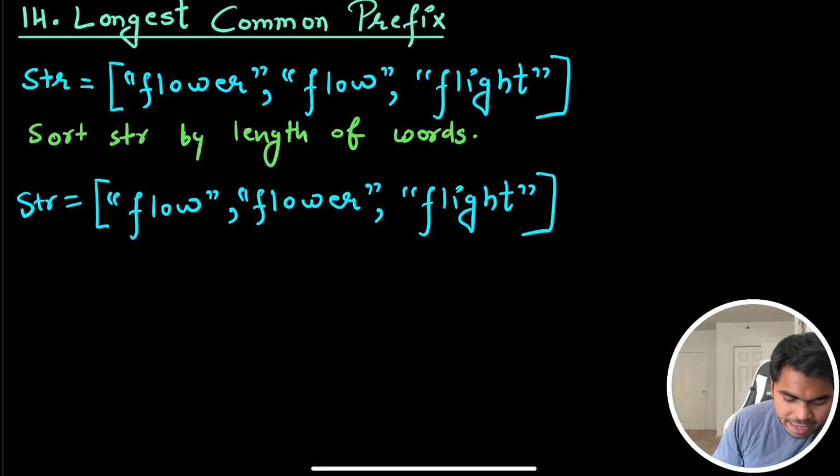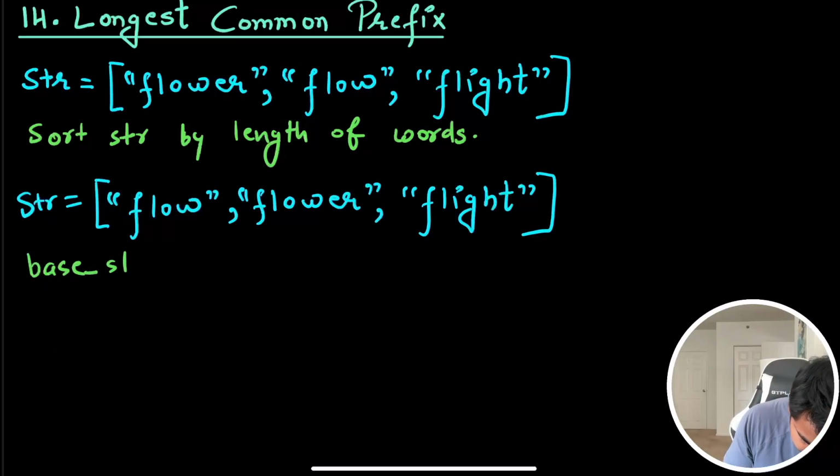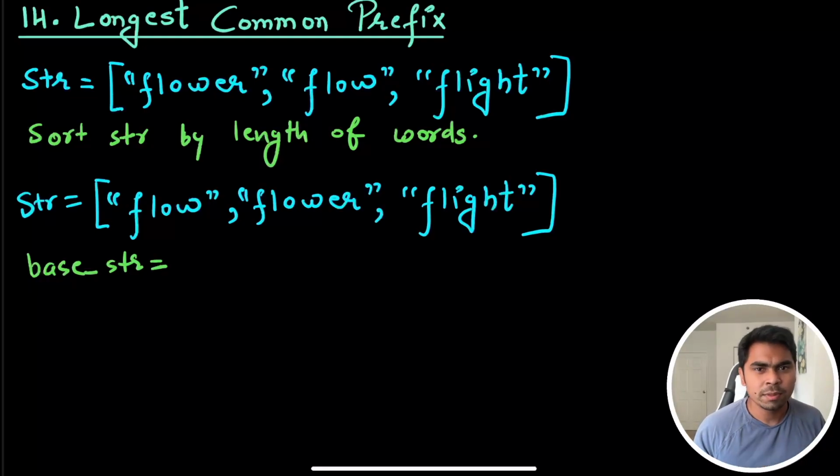Now, how do we find our longest common prefix in this sorted one? I will take the smallest string as my base string. So I will create a variable called base string and assign this value to it. The reason I'm taking this is that this is the longest possible common prefix.